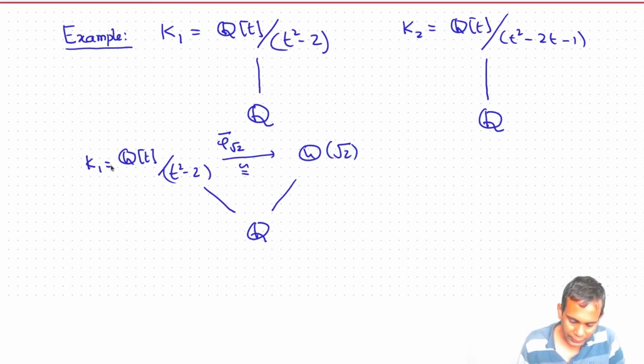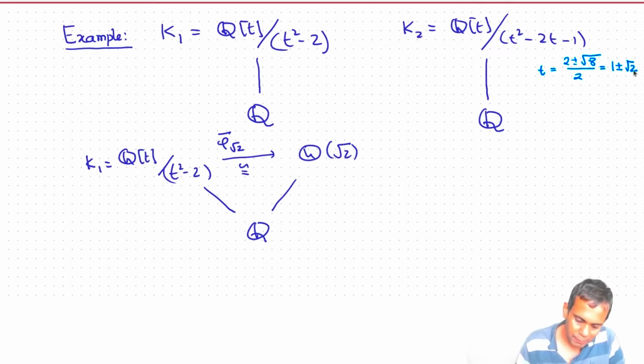And what about K2? Let's just see what the roots of this polynomial t squared minus 2t minus 1 are. Well, the roots are t equals 2 plus or minus square root of 4 plus 4, that is 8, over 2, which is 1 plus or minus root 2.